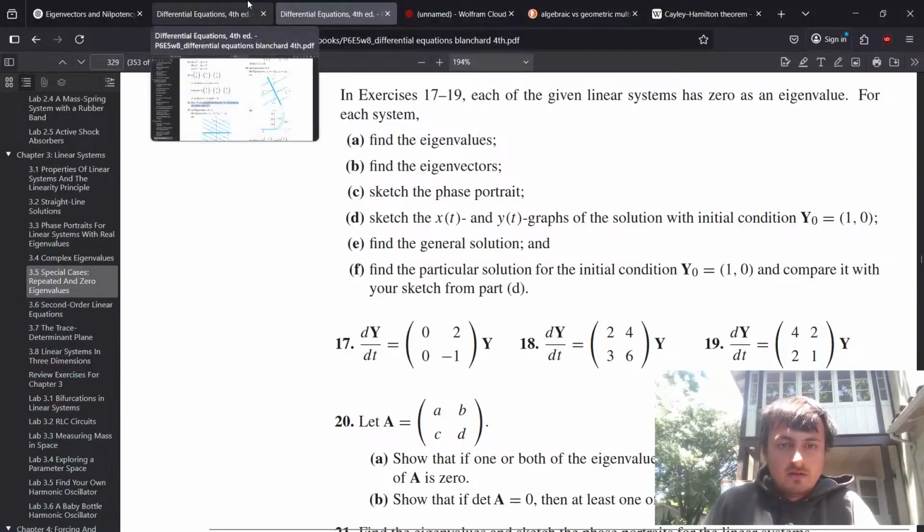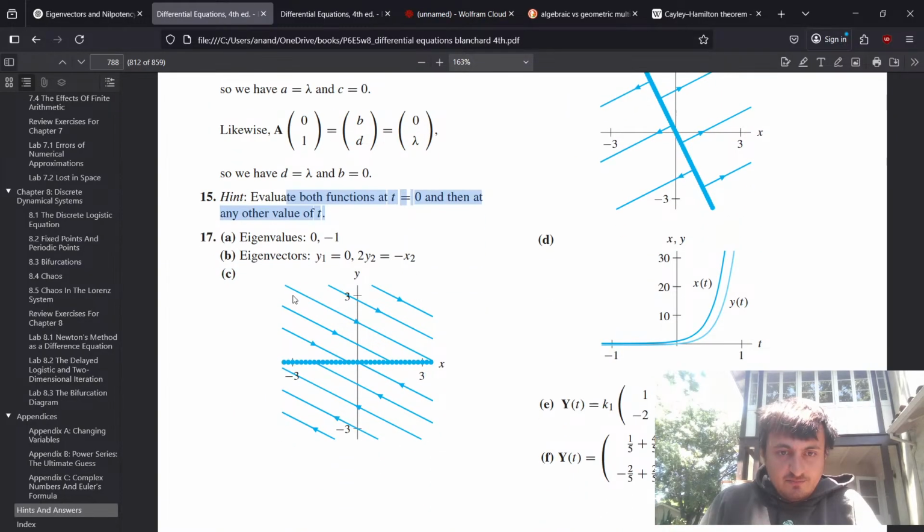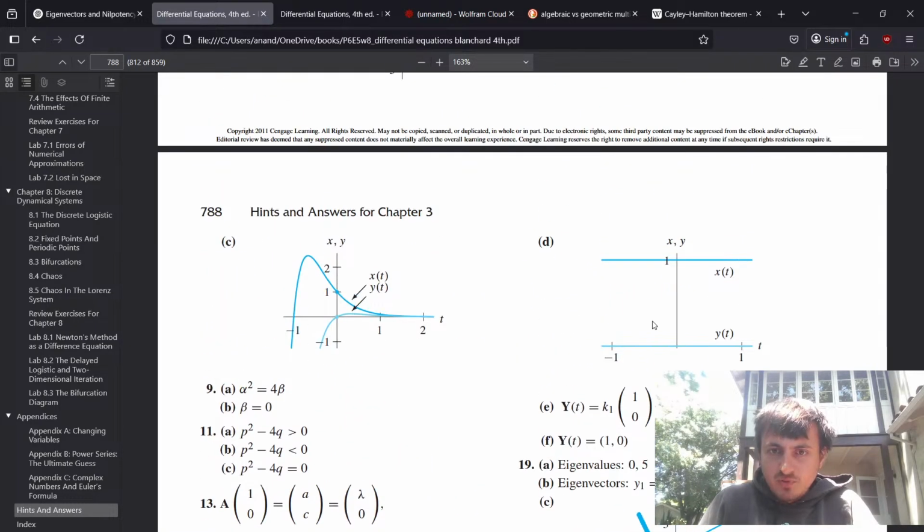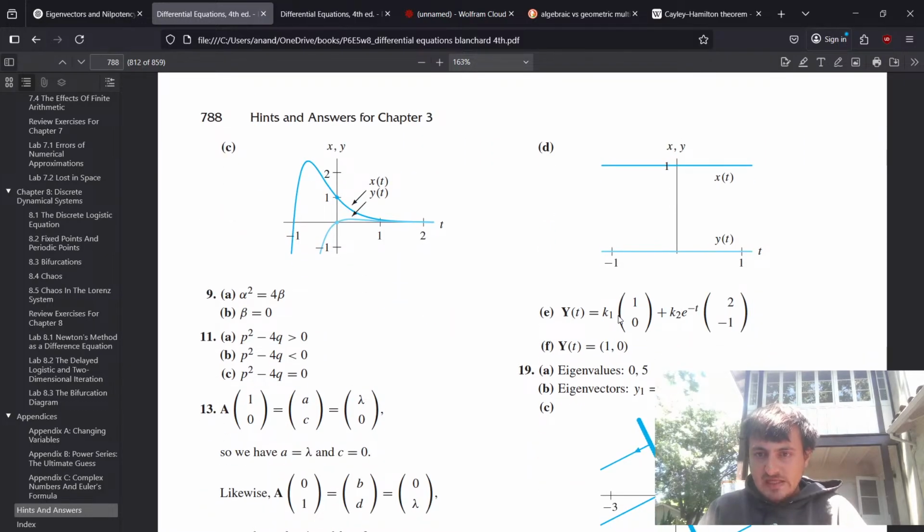Let's check our answer. Perfect. That's exactly what I had. Zero, minus one. Perfect. And then the general solution was indeed this.